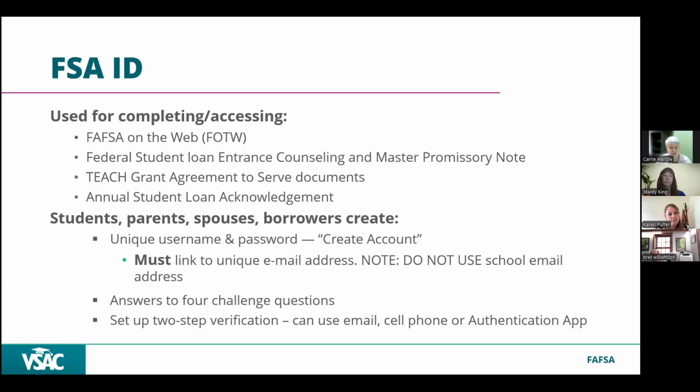So if they don't already have a free email account, we recommend they create one that they will use after high school graduation. They need the answers to 4 challenge questions, and they then have to set up 2-step verification, and they can use email, a cell phone, or an authentication app to do that. But they'll set that up while they're doing their FSA ID.